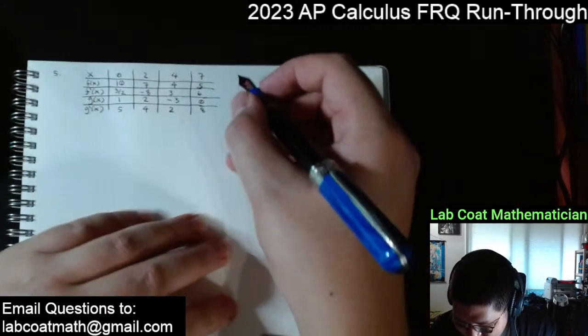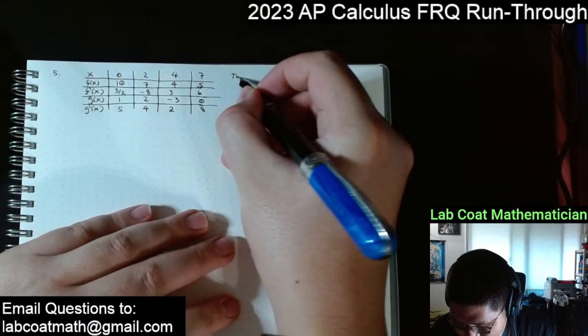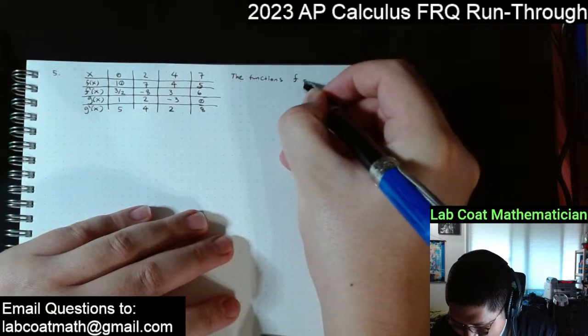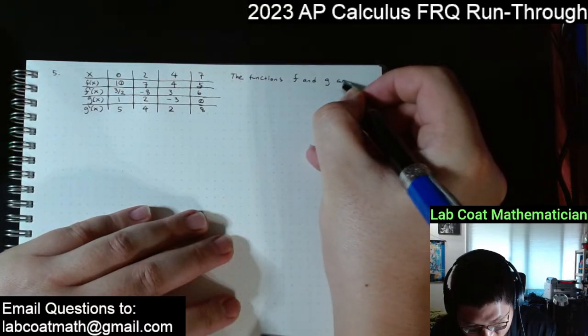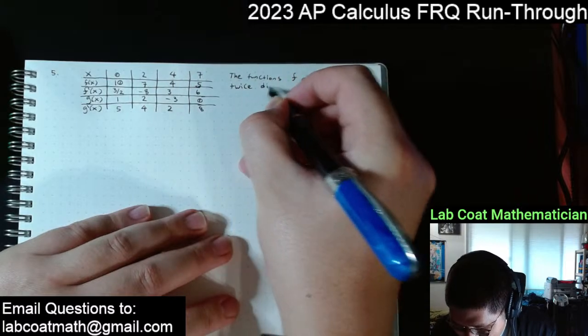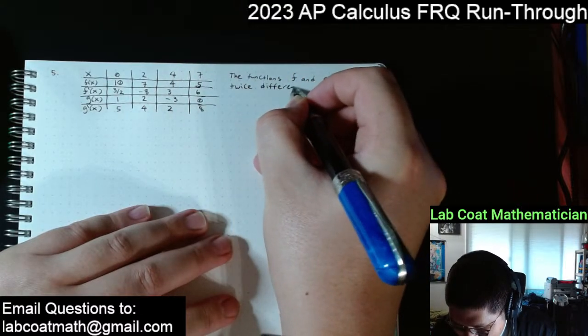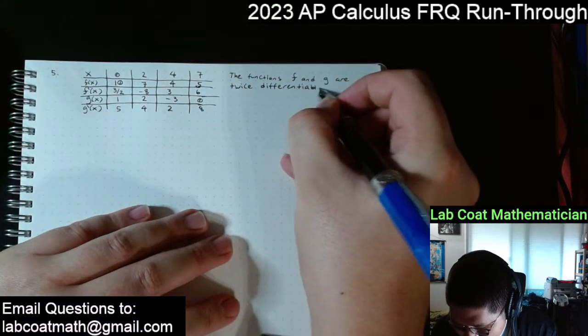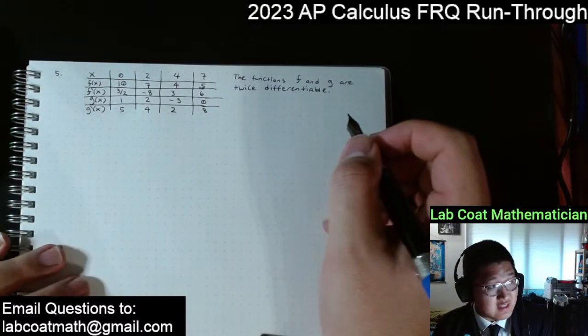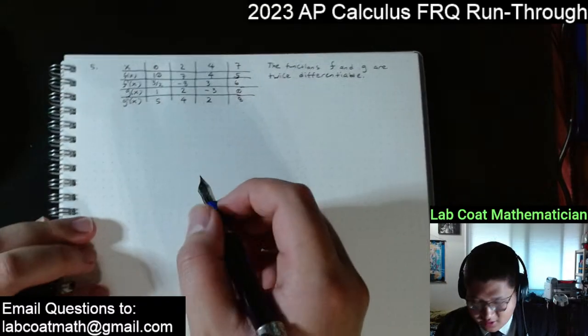So as context here, this tells us that the functions f and g are twice differentiable, and then they give us the table itself. That's just an extra note for context on this problem.